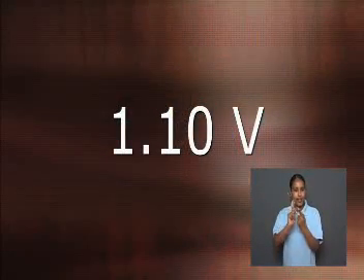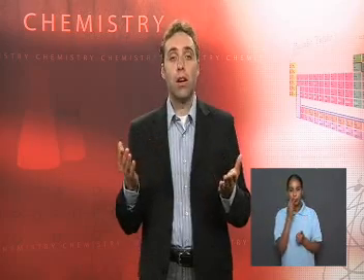If the solutions are under standard conditions, the cell potential becomes exactly 1.1 volt. However, if conditions change, such as temperature and concentration, cell potentials can be affected. Let us look at concentration.